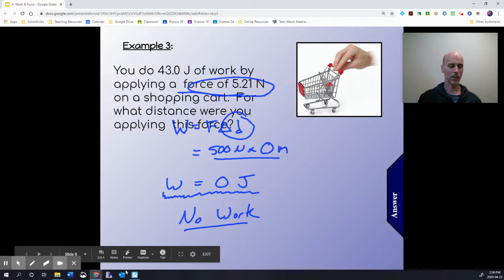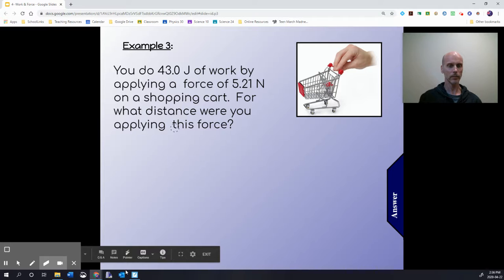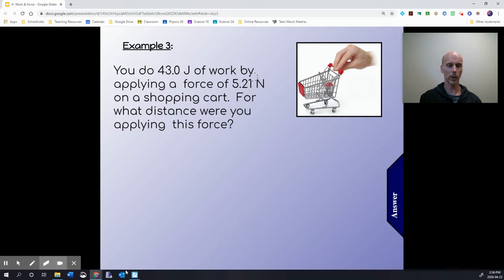All right, example number 3. You do 43 joules of work by applying a force of 5.21 newtons on a shopping cart. For what distance were you applying this force? Uh-oh, something's going on here. We've got a work, we've got a force, and in the formula, work is equal to force times distance.